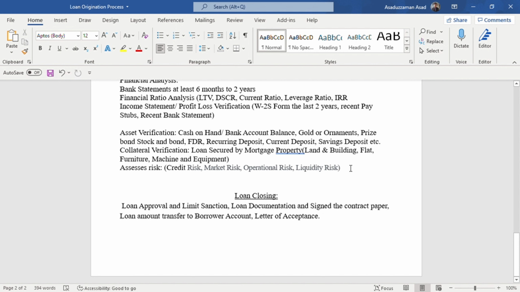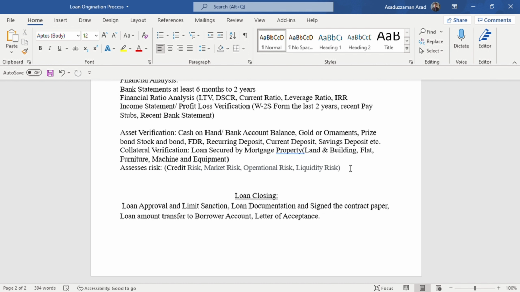If the underwriter recommends that the financial condition or previous loan history of the borrower is acceptable, then the underwriter will recommend it to the bank or to the loan officer to provide the loan or sanction a loan limit.